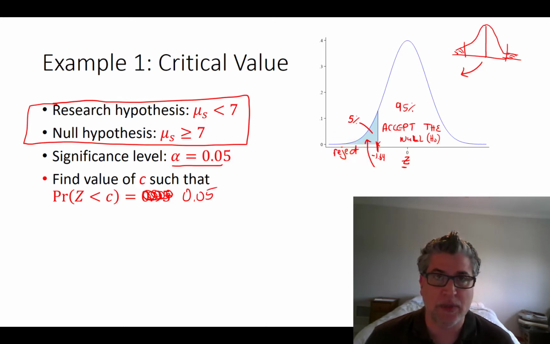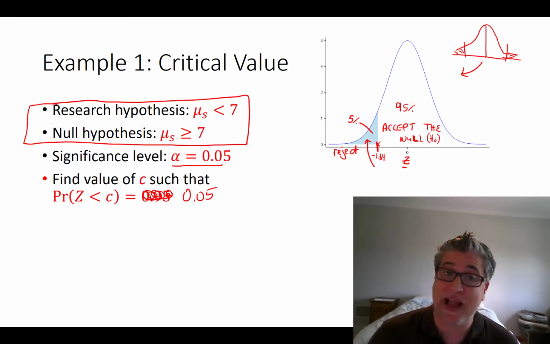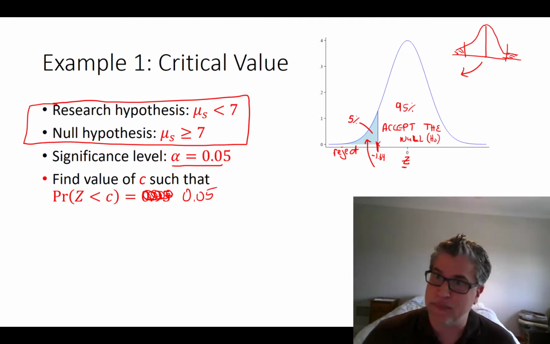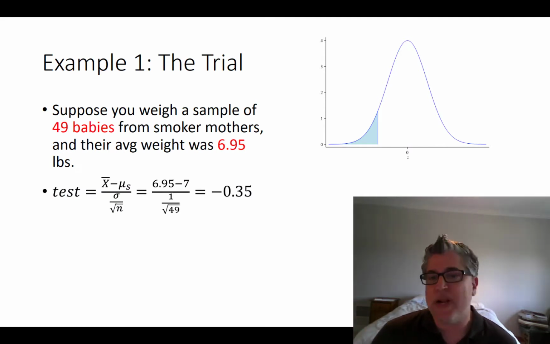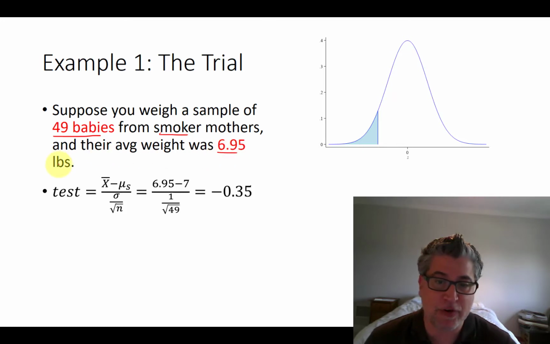So the only thing that we have left to do is collect our sample, calculate our sample statistics, our test statistic, and see what region it's in. So let's say that you went out and you did a quick trial. You looked at the birth weights for 49 babies from moms who smoked. You calculated their average weight was 6.95 pounds.